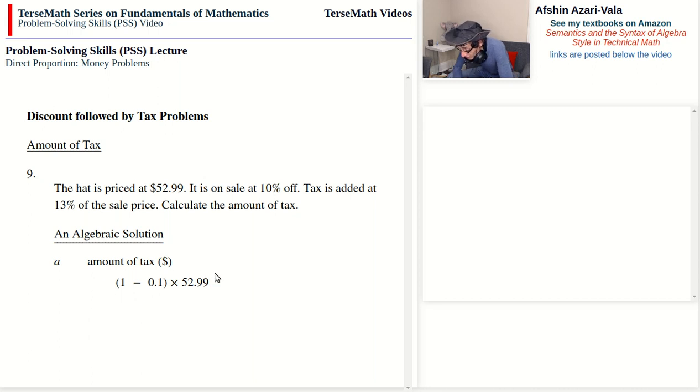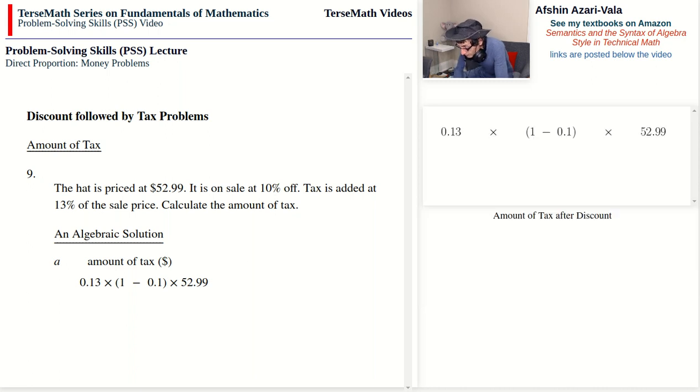And this, the expression that you see here right now, will give me the sale price. Once I have the sale price, then I can talk about finding the amount of tax. And to find the amount of tax, we multiply this by 13%. So now we find 13% of the sale price, which is all of this. Okay, let me show you all of this in a diagram.